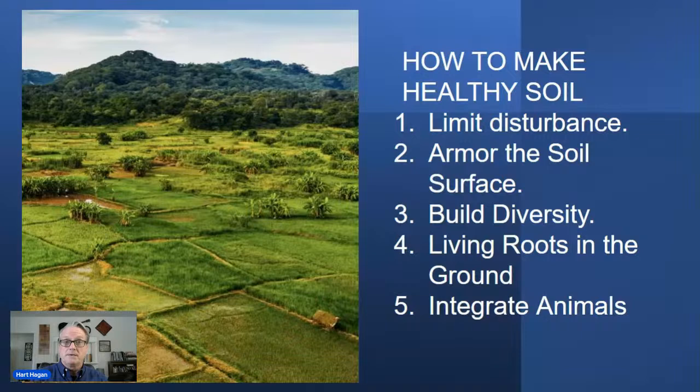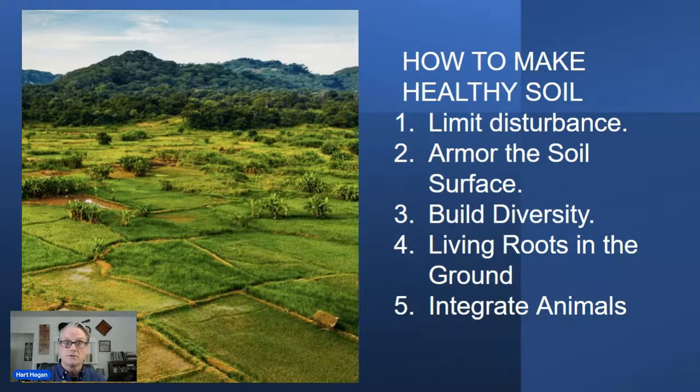And we want to limit chemical disturbance, meaning, I'm not telling you what to do, I can't tell you what to do, but I choose to have no chemical fertilizers in my home landscape. And I choose to have no toxic pesticides in my home landscape. So principle of soil health, number one, limit disturbance.